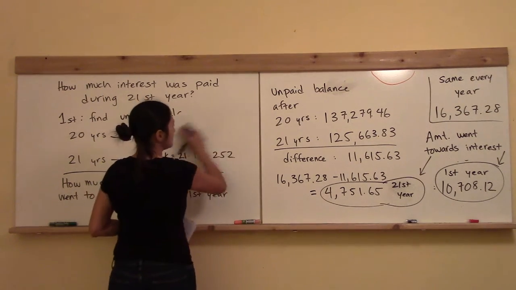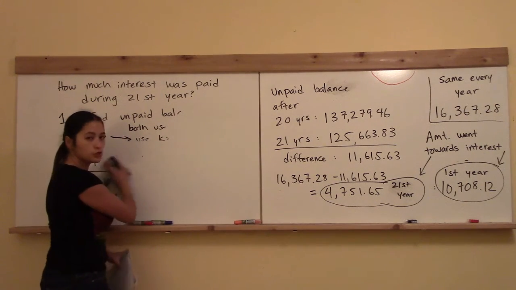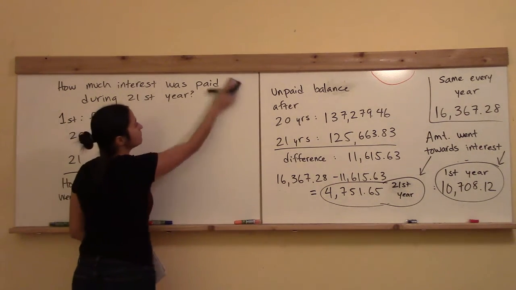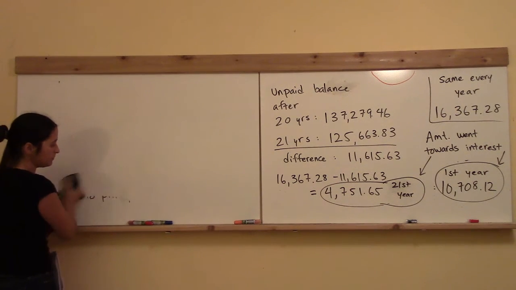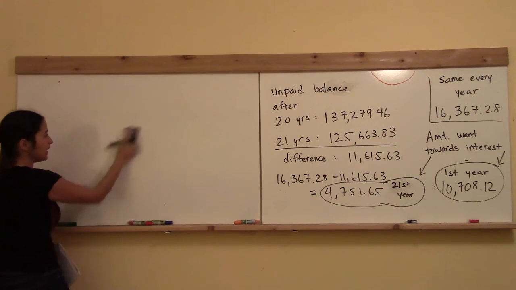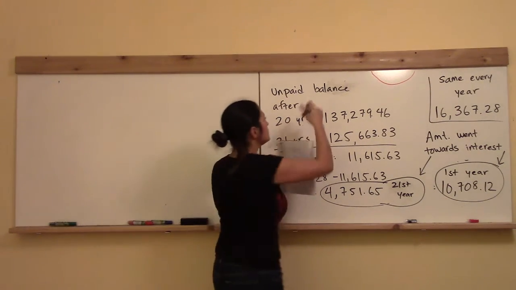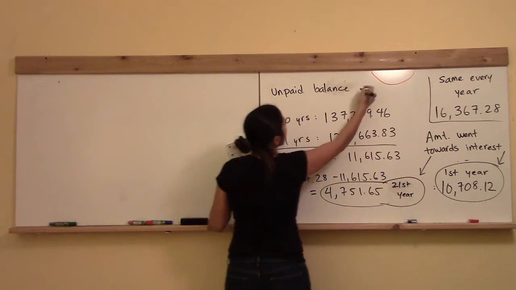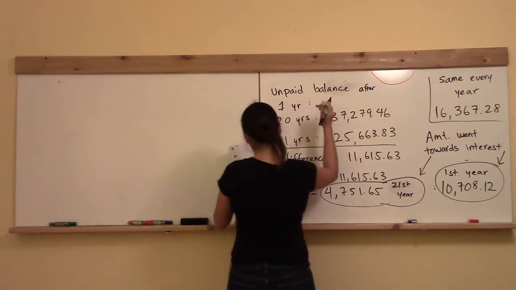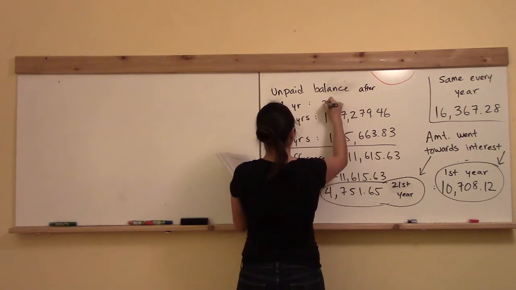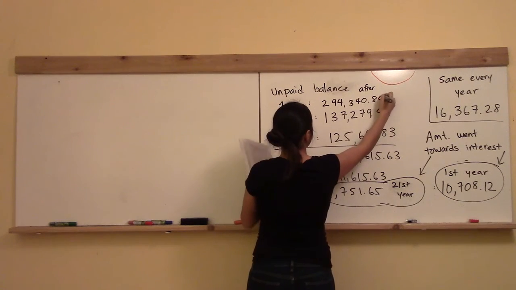And the reason for that difference is because the yearly interest that they charge you is calculated off of how much unpaid balance you have left. Okay, keep in mind that when we calculated the unpaid balance after 1 year, I'll just write it up here, after 1 year, that was $294,340.84.